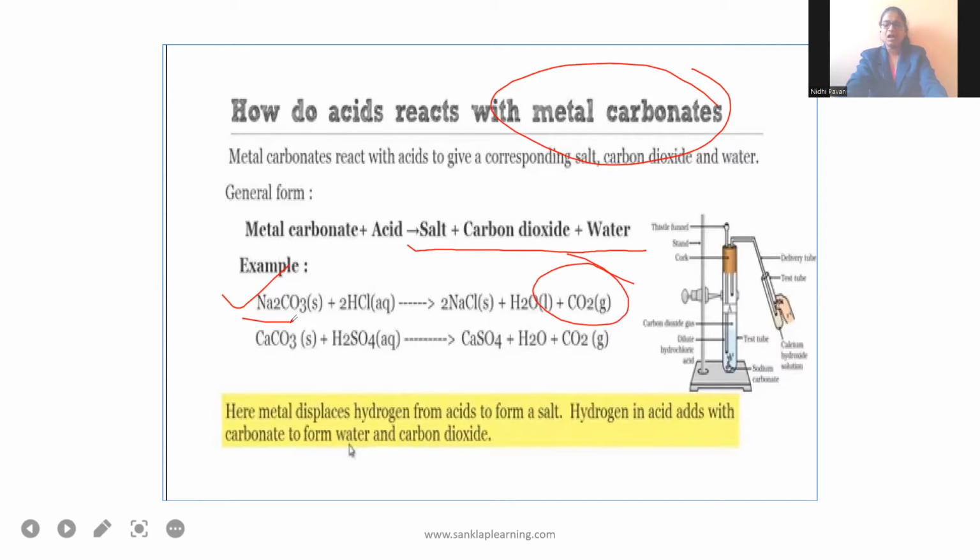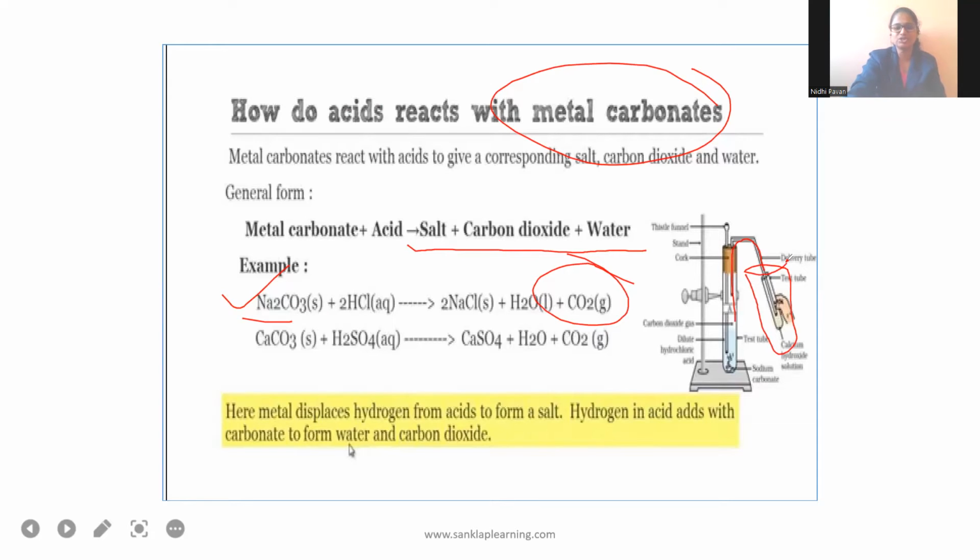Again, to confirm it, we attach a delivery tube to the test tube. The carbon dioxide released will rise up and come to the delivery tube, and at the other end of the delivery tube we should take a test tube with calcium hydroxide.